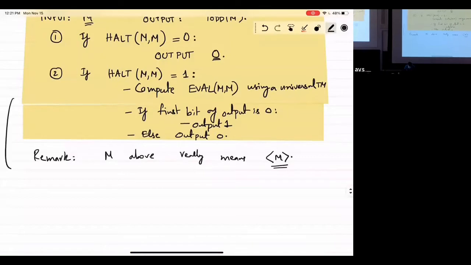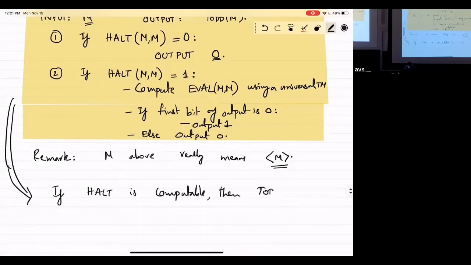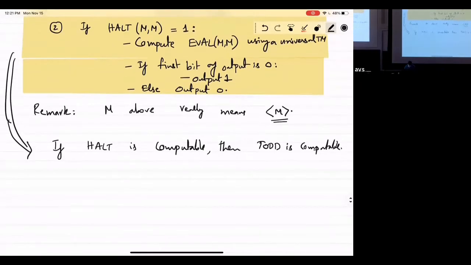So this entire simulation implies that if halt is computable, then Todd is computable. But we already know that Todd is not computable, so we get a contradiction.